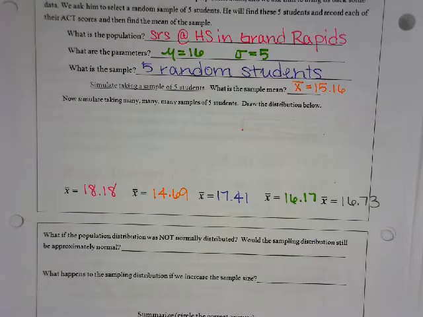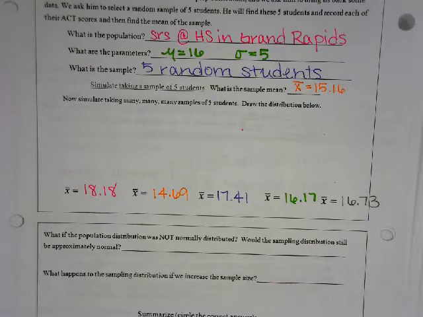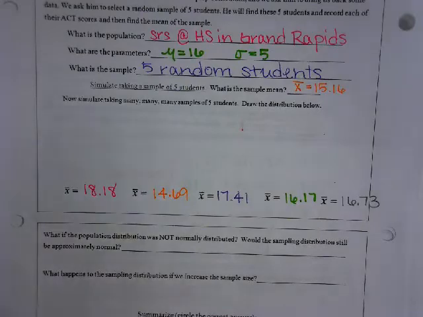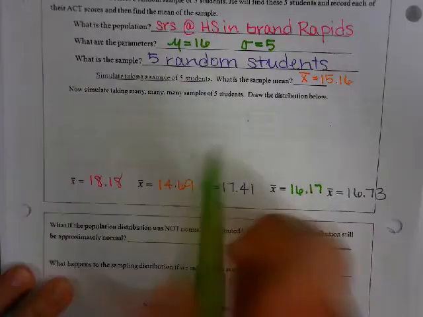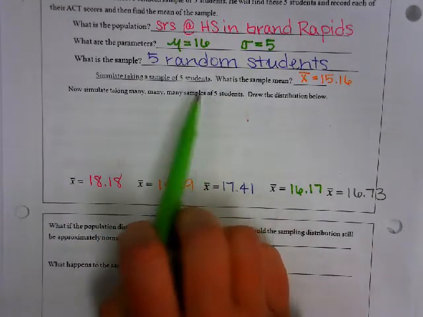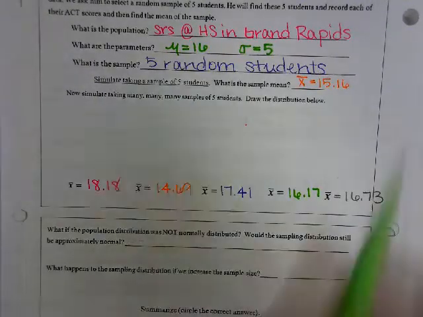Try and make that center peak higher than all the rest. There we go. And hey, look at that. I didn't even do it on purpose. But look at that. The mean of our sampling distribution is 16. I was looking for the center to have the highest peak and not even paying attention. Right here, I just simulated taking many, many samples of 5 students. I'll draw the distribution from my computer screen and you guys copy mine.